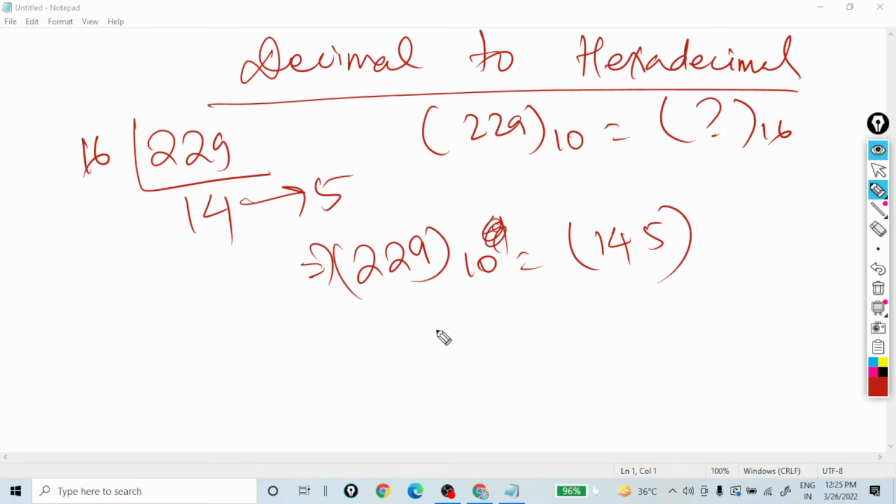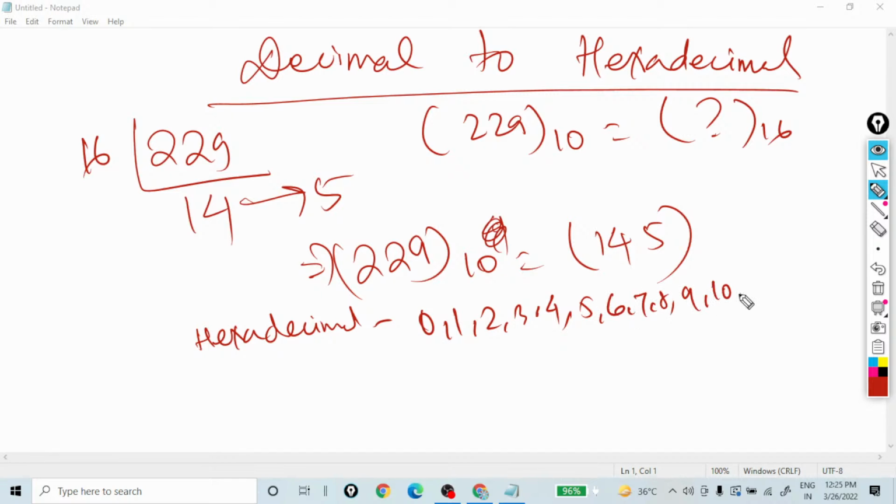Initially I have said in case of hexadecimal, the number system is like this: 0, 1, 2, 3, 4, 5, 6, 7, 8, 9, 10, 11, 12, 13, 14, 15.